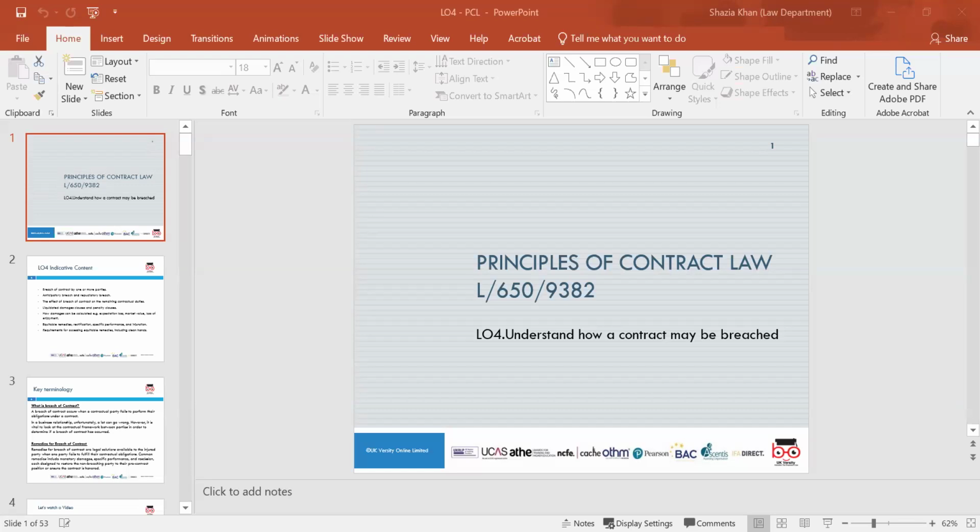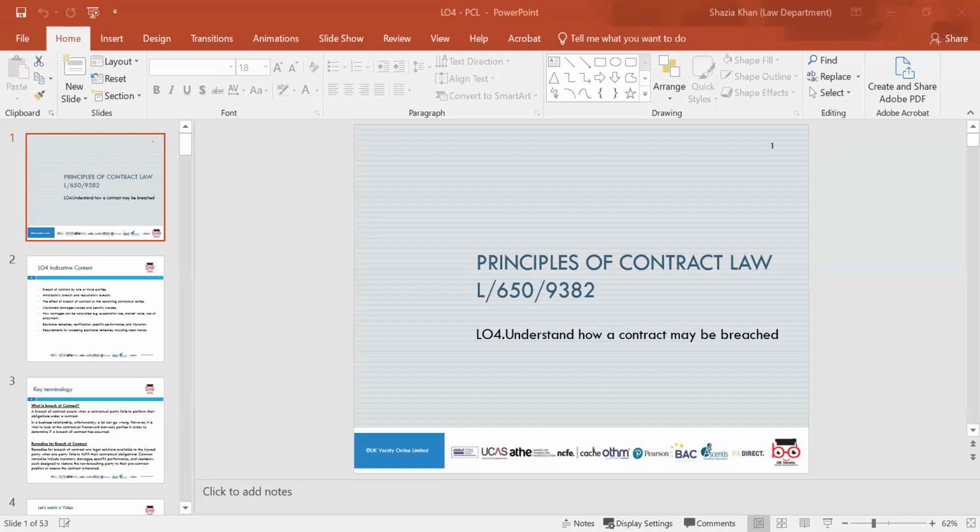And we also looked at elements of the nature, examples and key cases, and the effect on a contract for duress and undue influence, and the comparison between duress and undue influence, and the effect it would have on a contract, whether the contract would be void or not void, and also what the aggrieved party can do if the contract is void.